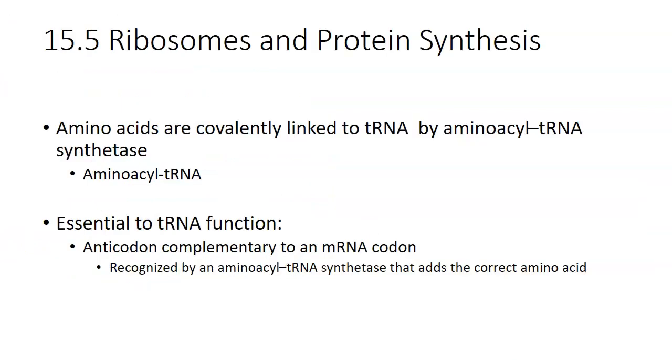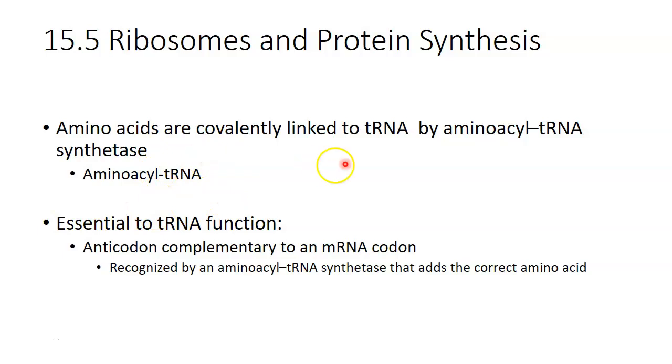So I told you that there's a codon in the mRNA, right? And that each codon codes for a specific amino acid. And then I told you that the job of tRNA is to transfer amino acids from the cytoplasm to the site of protein synthesis, the ribosome. And so let's talk about tRNA now.